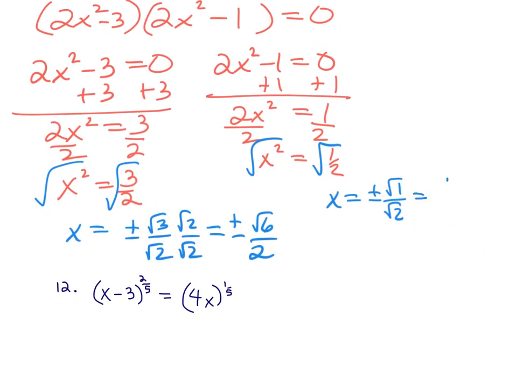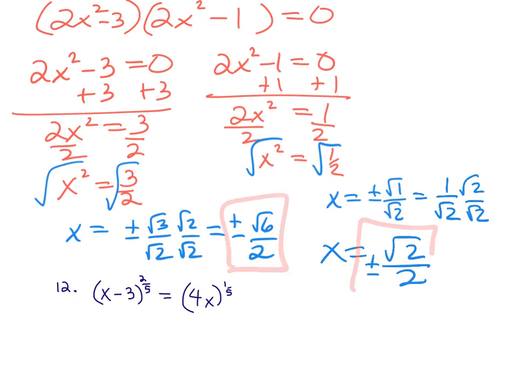Square root of 1 is just 1 over square root 2. Rationalize. So final answer, plus minus square root 2 over 2. So 4 answers. We have this one and this one. It was a polynomial, so I don't need to check. Again, you could still do the U substitution if you want, but I think these are a lot simpler just to do it this way.